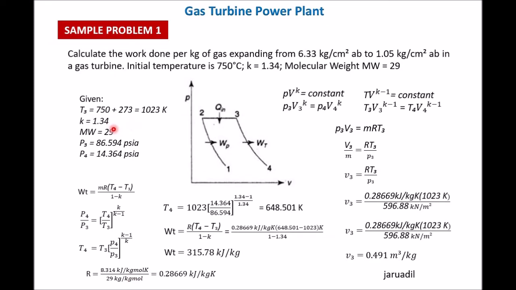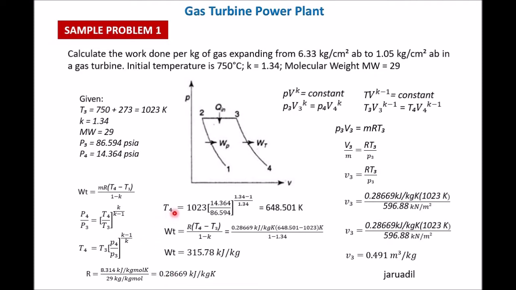So kaya dito wala siyang unit kasi you can put that kilogram per kilogram mole or pound per pound mole. So you divide this one, you get the specific gas constant. So this is the universal. So this is the specific gas constant specifically for air: 0.28669 kilojoules per kilogram Kelvin, or this is also being used most of the time, equal to 0.287.